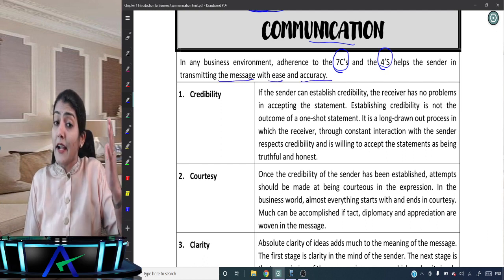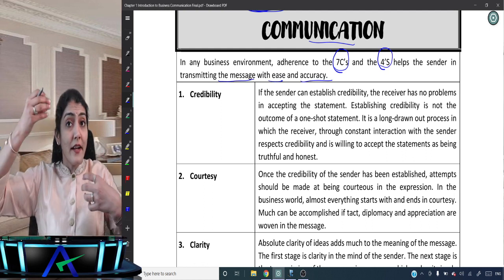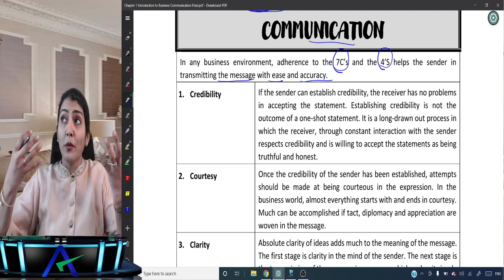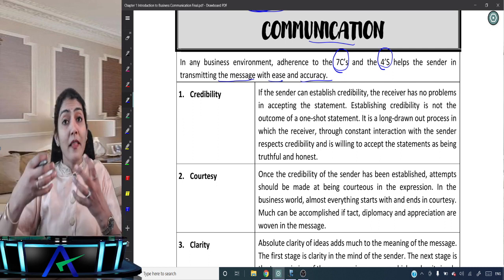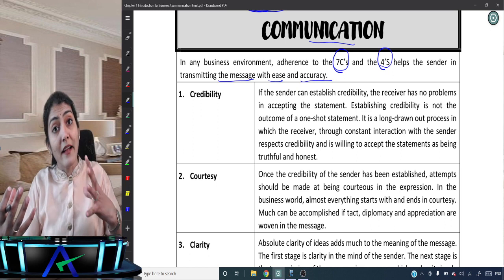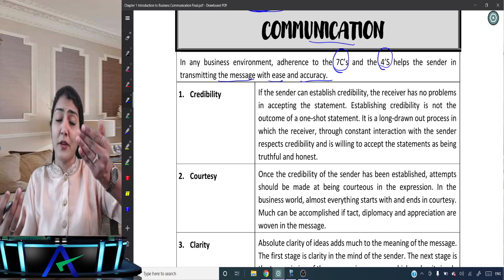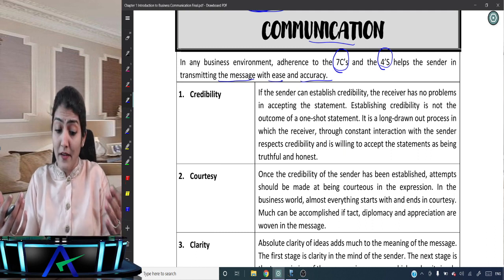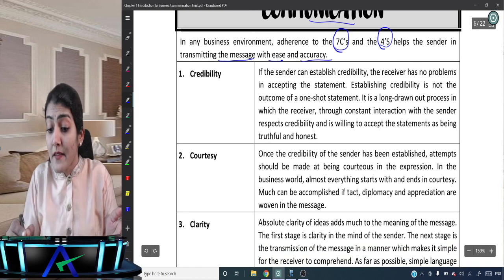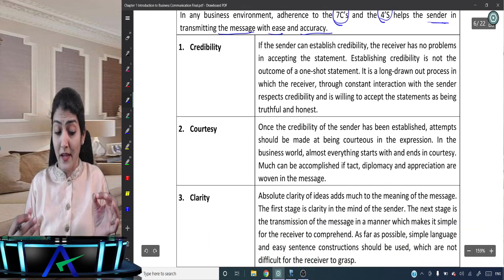Because we said the entire burden of communicating the encoded idea to the receiver, how you interpret and encode that particular idea, entirely depends upon the sender. And how effectively the receiver will understand depends upon the sender, right? So it helps the sender in transmitting the message with ease and accuracy.